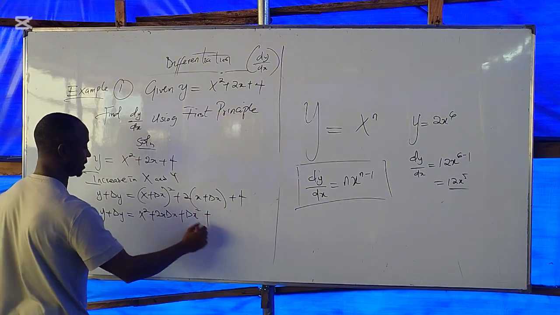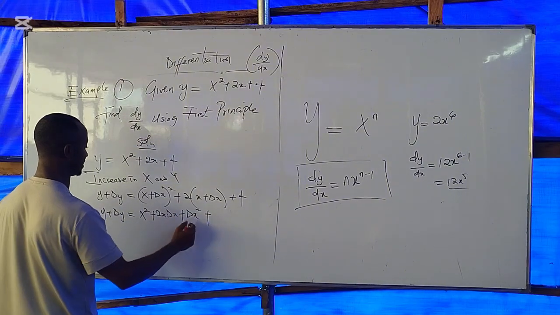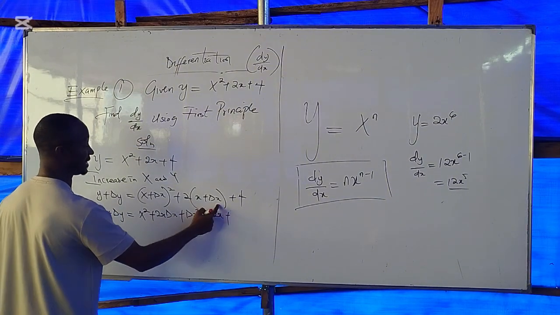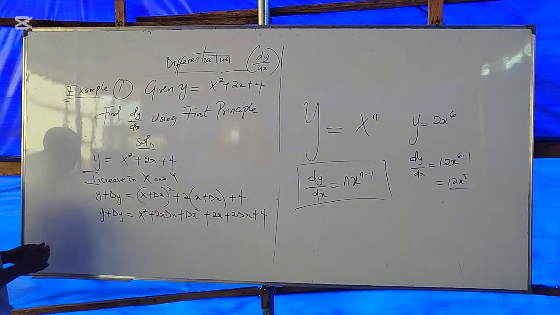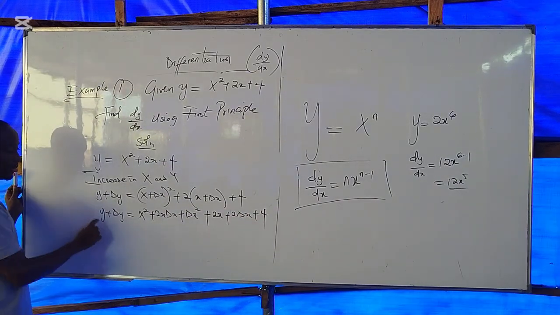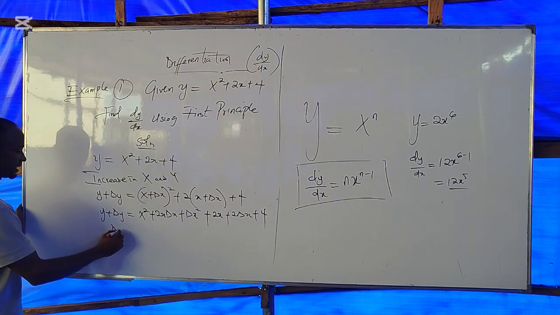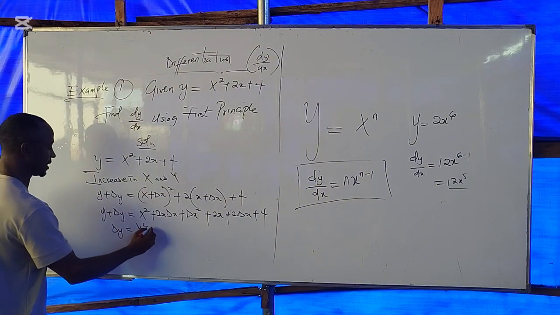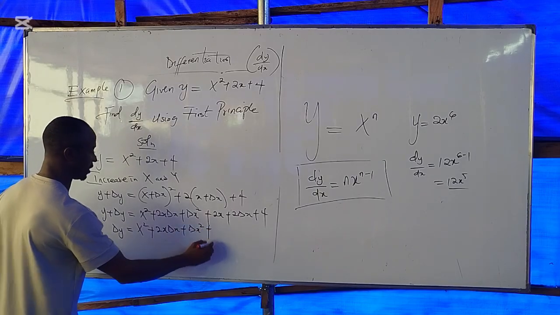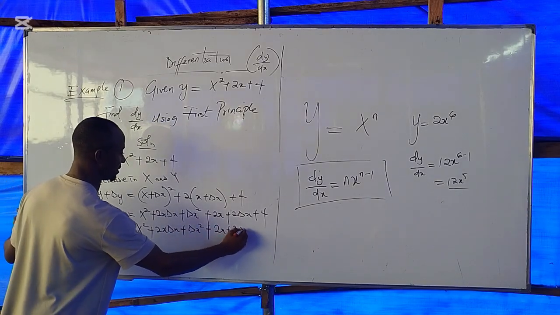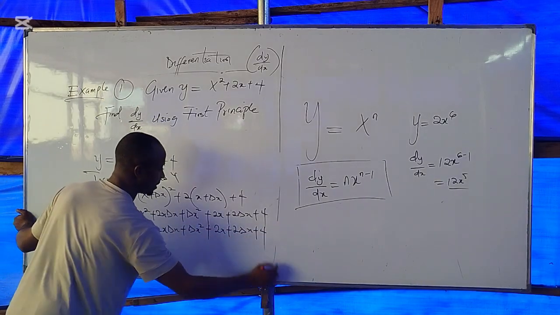So, plus here we have 2 times x, which is 2x, plus 2 times delta x, which is 2 delta x, plus 4. The next step is to move our y to the other side. So delta y becomes x squared plus 2x delta x plus delta x squared plus 2x plus 2 delta x plus 4 minus y.